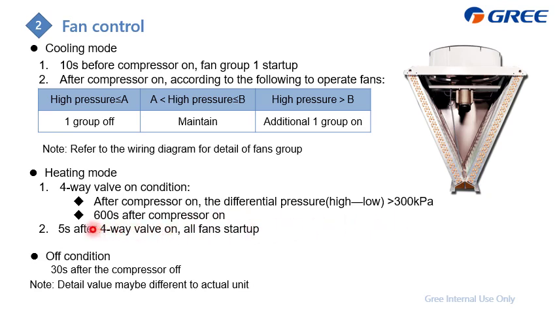And after that, we can turn on the fans. As for the off condition, it is to protect the compressor. We will wait until the compressor turns off completely, which means 30 seconds later, then we will turn off the fans.